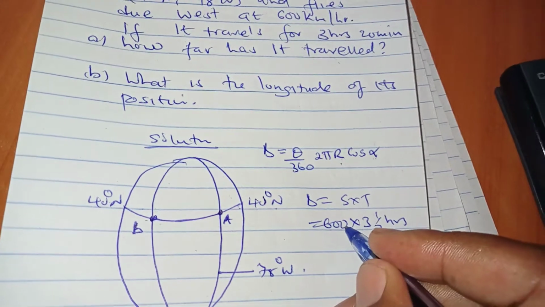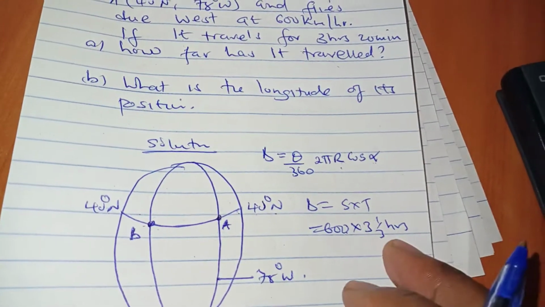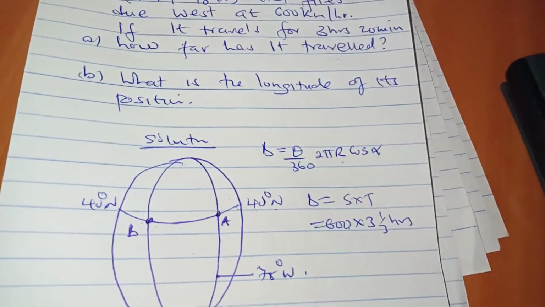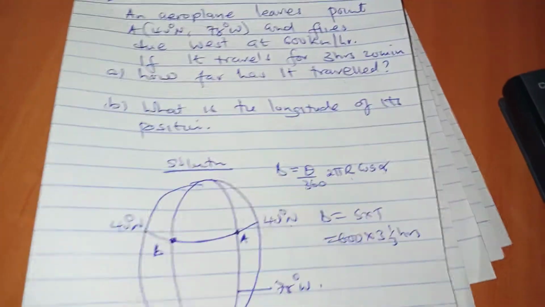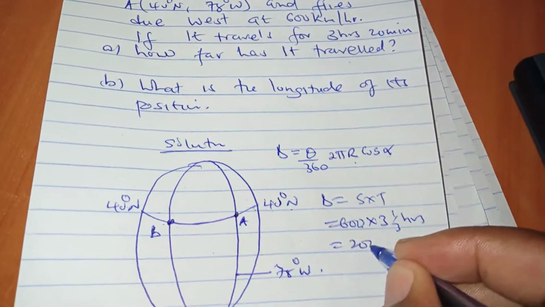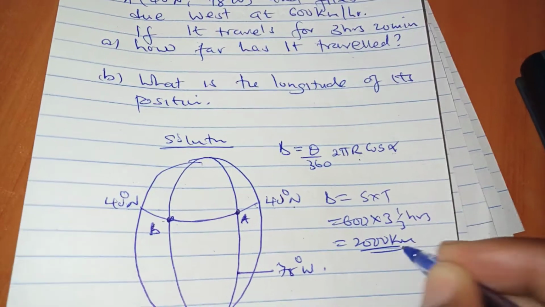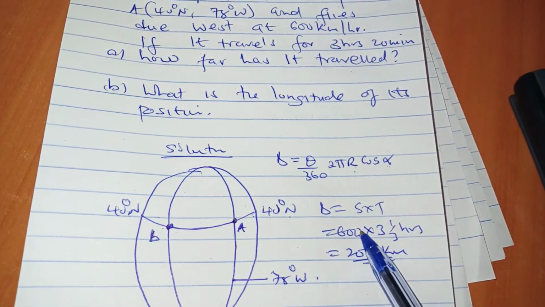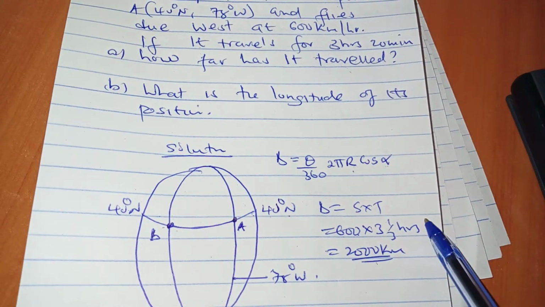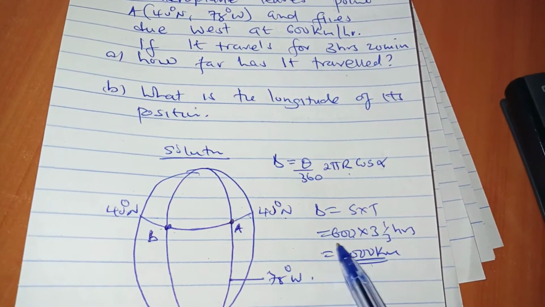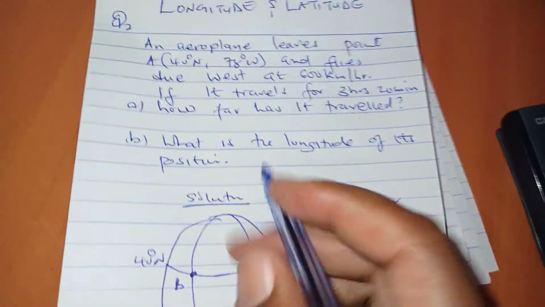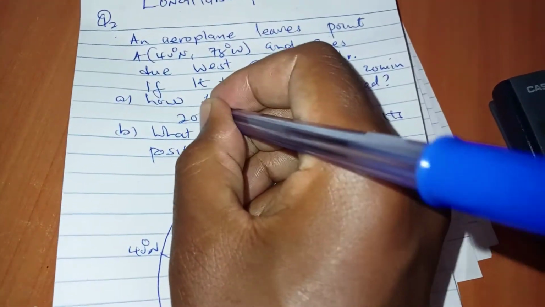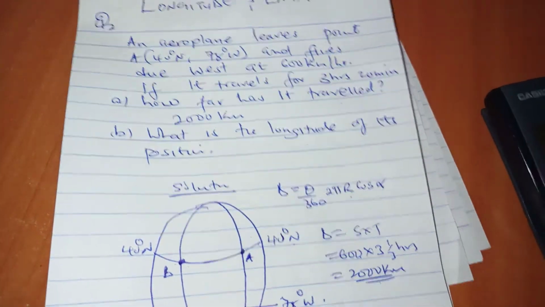This is speed in kilometers per hour, and this is 3.33 hours. Of course, you know 20 minutes is a third of an hour, so we have 2000 kilometers. I should have indicated that this is kilometers per hour, so these hours and these hours cancel, but now you understand that's 2000. So this distance is 2000 kilometers. The first part is done.